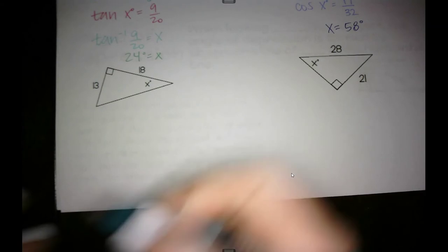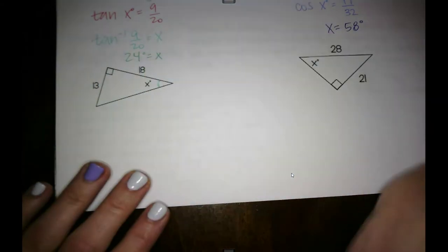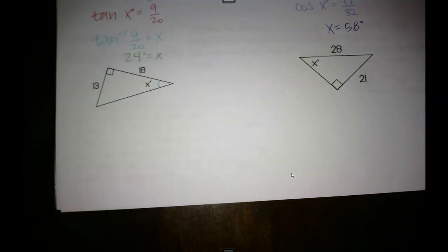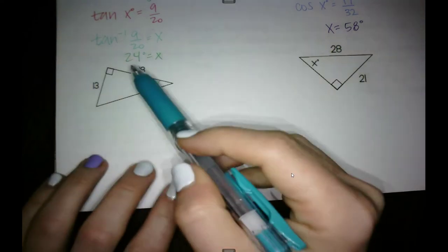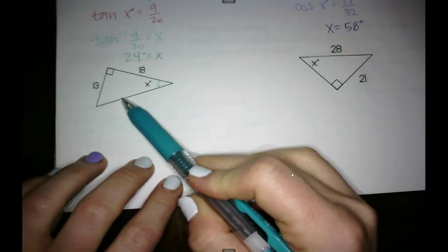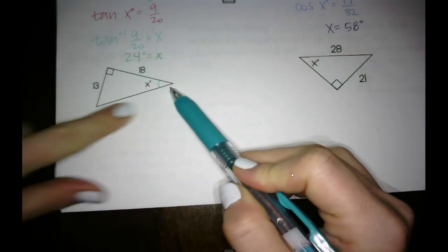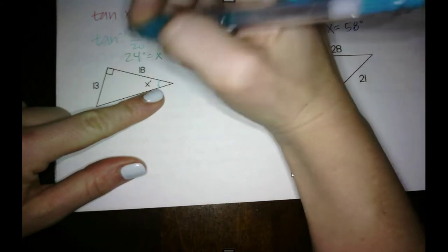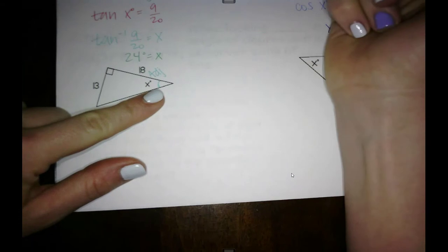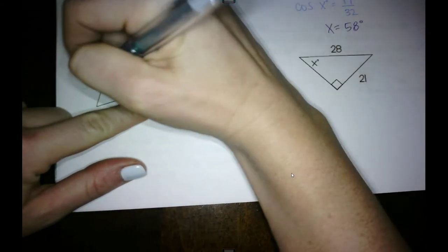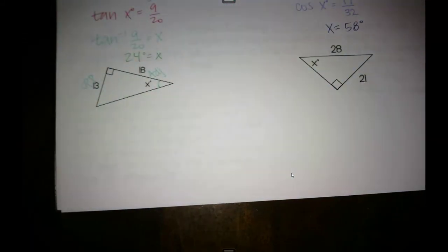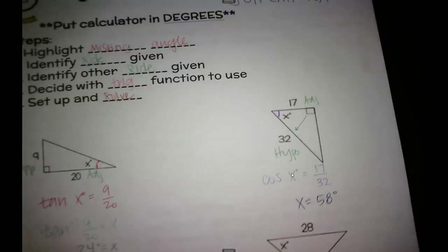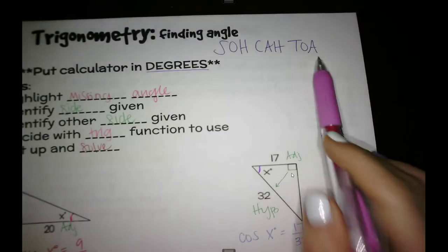This is the same thing over and over. Highlight my angle given, label my sides. So opposite of the 90, this is our hypotenuse. We're not using that one. The side that's next to the angle is adjacent. Side across is opposite. So again, which one uses opposite and adjacent? Tangent.